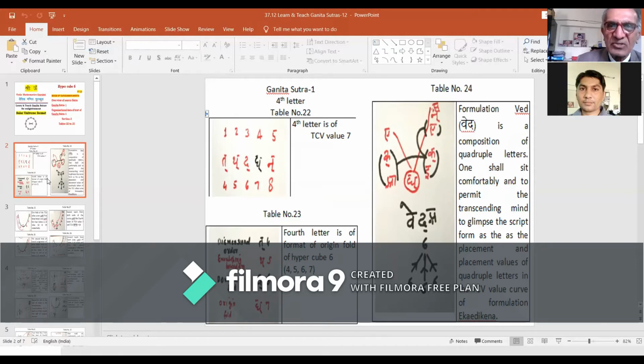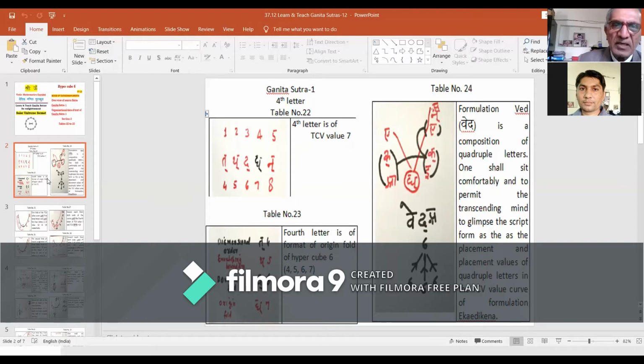This placement of the fourth letter of the text of Eka Adhikain deserves to be comprehended well, as it is this placement which in itself is a source of distinct features contributed by this letter.